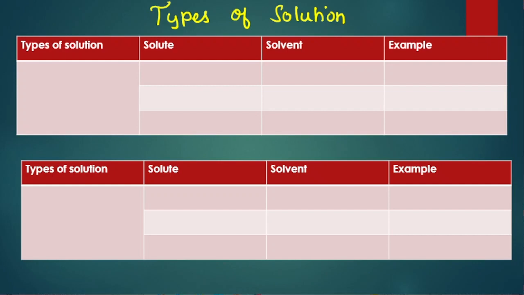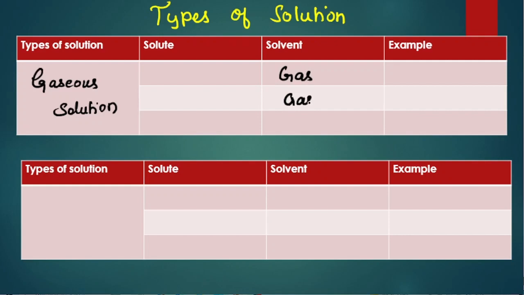So our next topic is types of solutions. Based on the nature of the solution, we have three different types. The first type is the gaseous solution. If your solution is a gaseous solution, then surely the solvent is going to be gas.